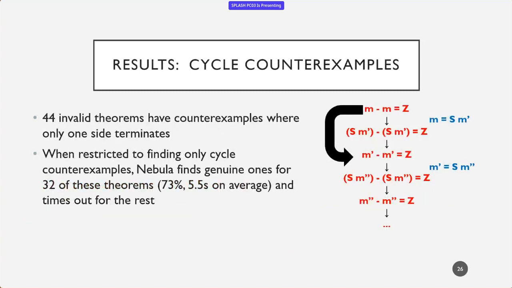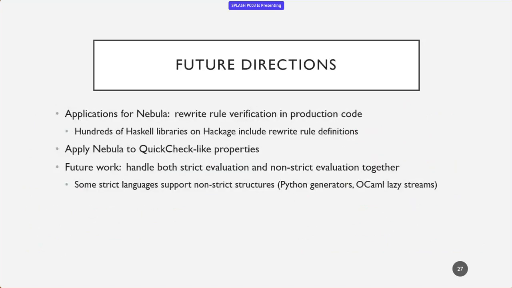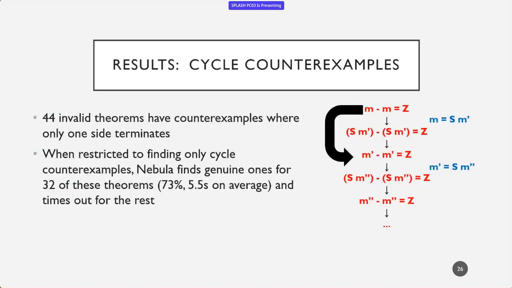Well, rewrite rules are a good way of characterizing the kinds of properties that we want to uphold, and they're always formulated as equivalences.